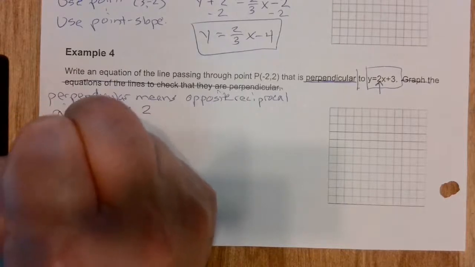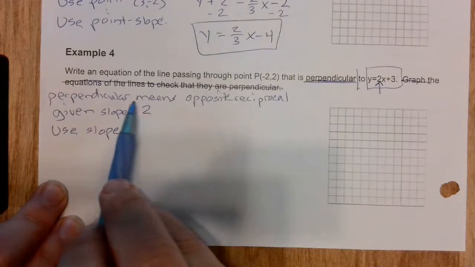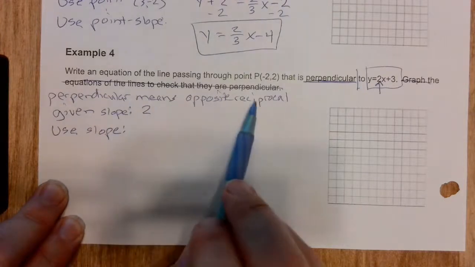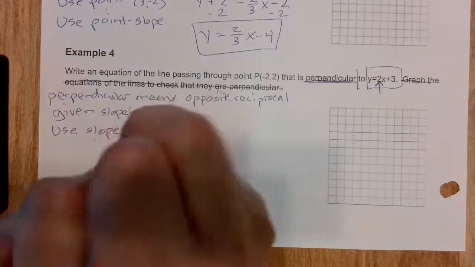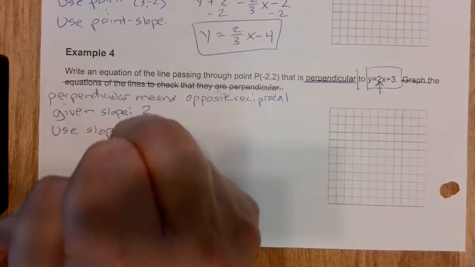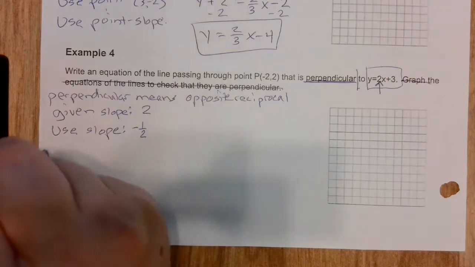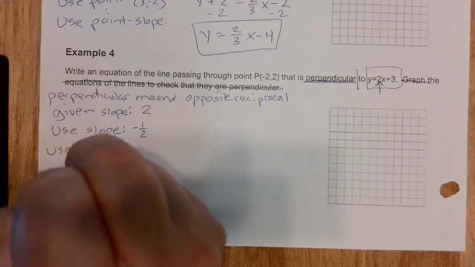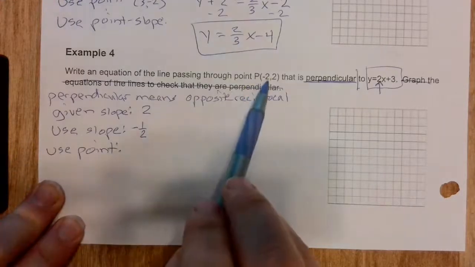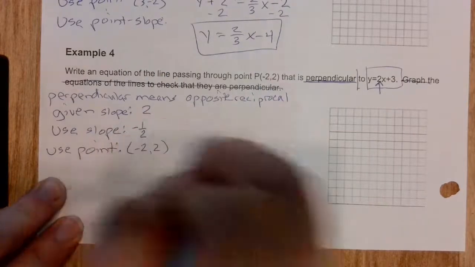What slope should we use? Well, perpendicular means opposite reciprocal. So we need the opposite reciprocal of 2, which is -1/2. What point should we use? Well, you don't make up your point. You use the point that they tell you, which is -2, 2.